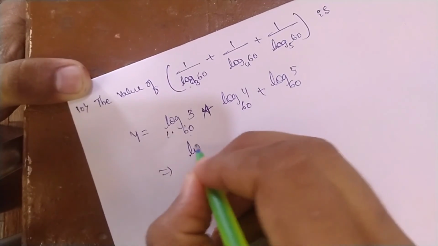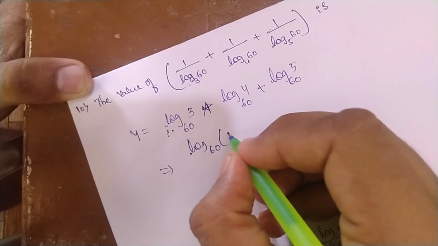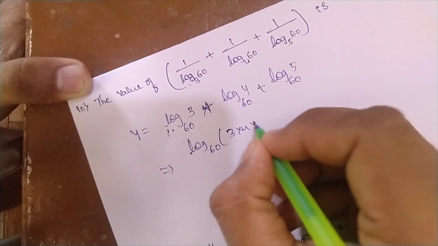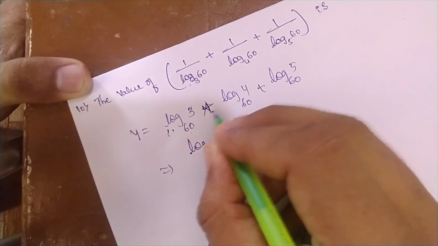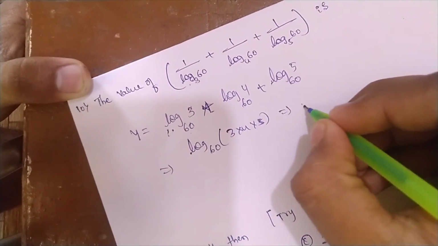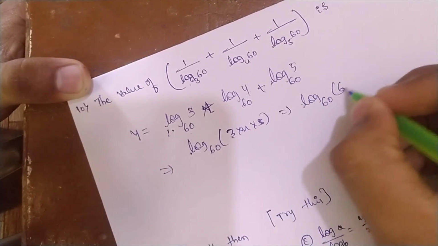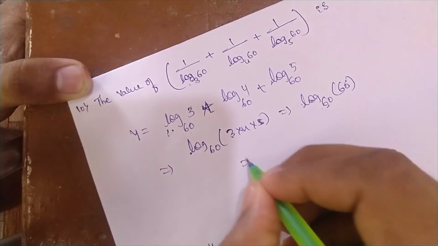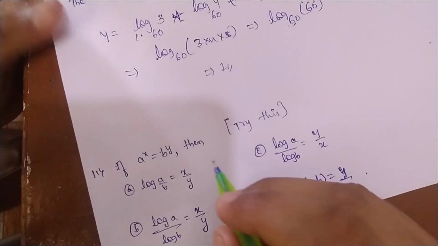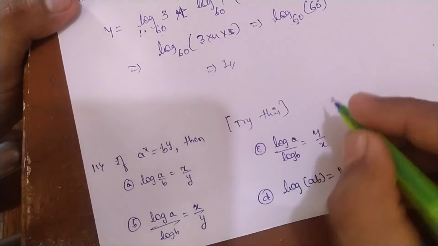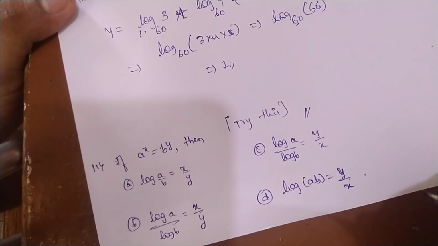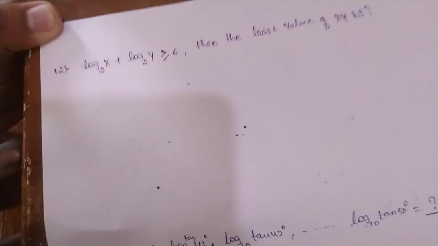By using the multiplication property, log base 60 as it is, and 3 into 4 into 5, because the plus is there, which equals log 60. So 4 threes are 12, 12 fives are 60, so log 60 to the base 60 equals 1. So that's the answer. This is a small homework for you, so try this and comment in the comment section.